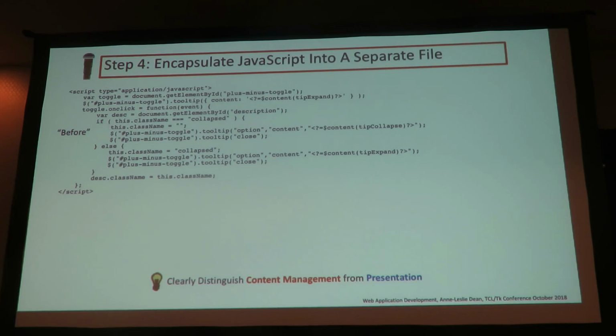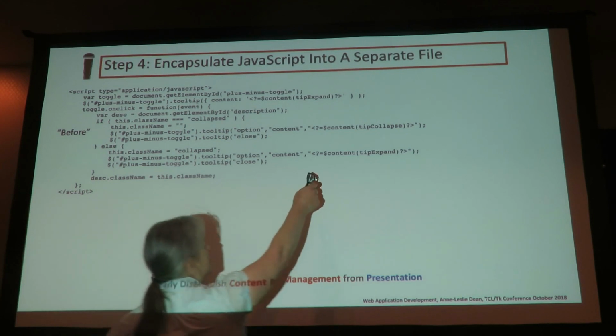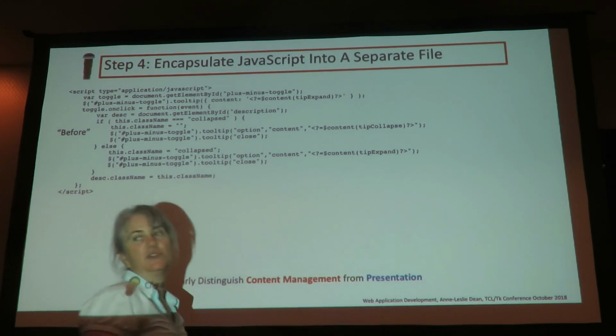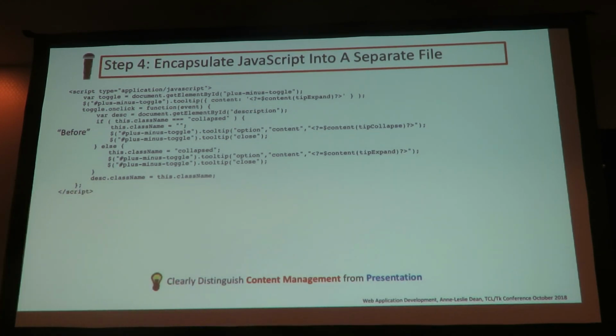Because if I take this JavaScript that has these two little Rivet directives in it that are injecting my content in, how do I get my content from my Tcl code into my JavaScript code, which I just told you I'm getting ready to put in a separate JavaScript file that Tcl doesn't interface to?